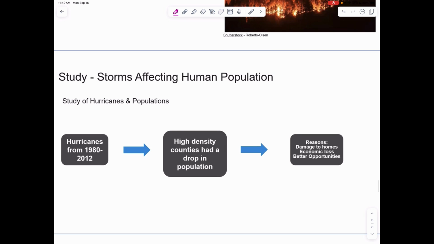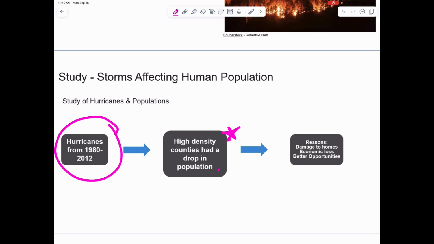So there was a study done with storms affecting the human population. We had a lot of hurricanes from 1980 to 2012. They looked at those and realized that the high density counties, the areas where people were living very densely, had a drop in population.